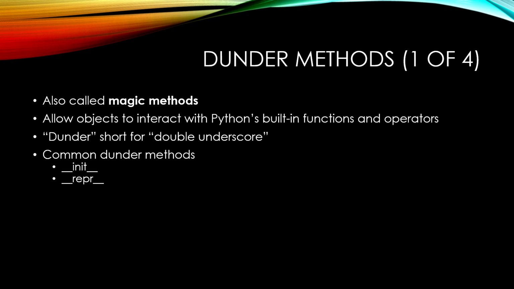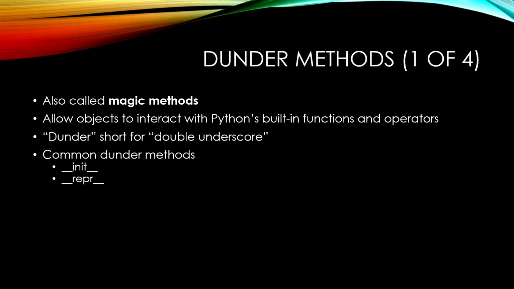Now we're going to quickly talk about dunder methods. We have a few slides to discuss these. A dunder method is also called a magic method, and these allow your classes to interface with the operators and functions that we've been using up until now. Things like print and using the double equals operator to compare two objects.